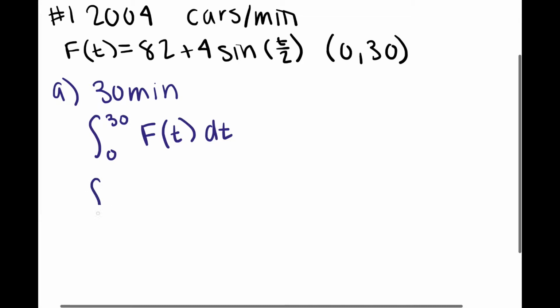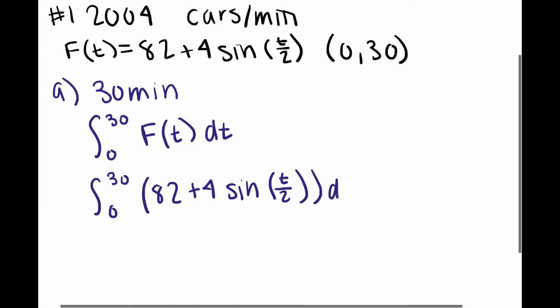When you plug that in, it's the integral from 0 to 30 of 82 plus 4 sine of t over 2 dt. And since this is the calculator section, you can just plug it into your calculator and you'll get 2,474 cars.